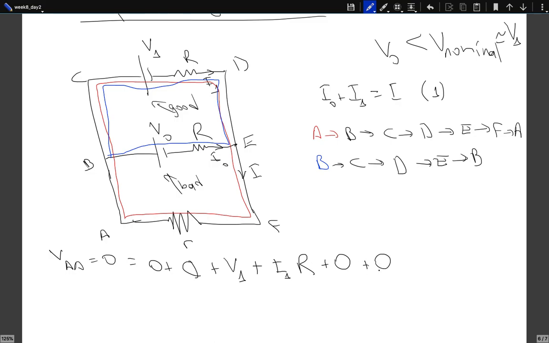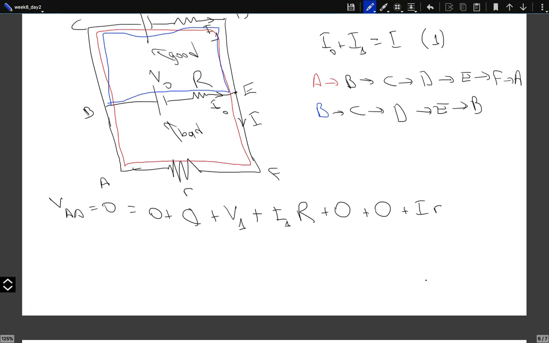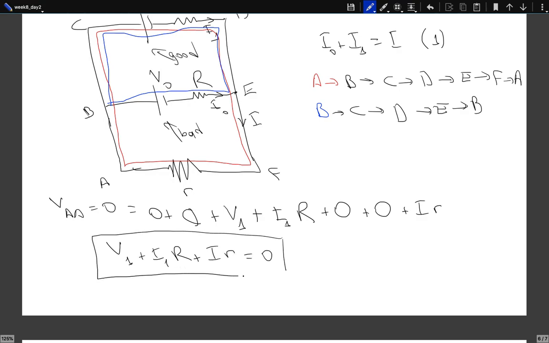From the point F to the point A, what is the potential drop? I times small r. So V1 plus I1 R plus I times small r should be equal to 0. This is our equation 2.